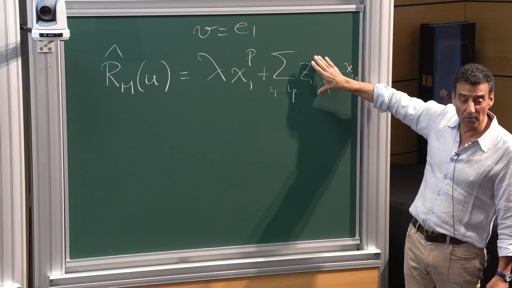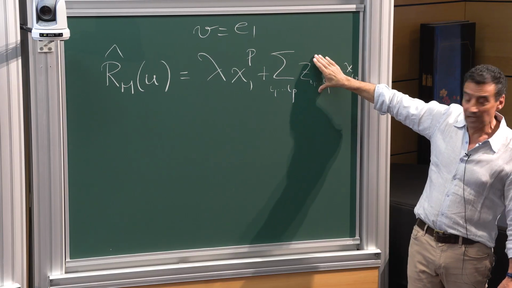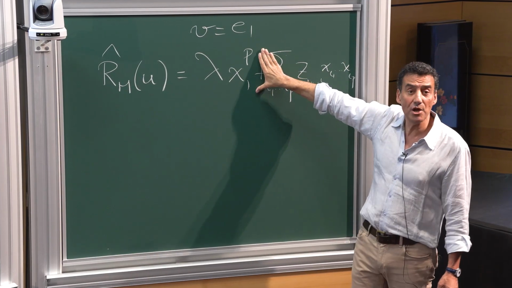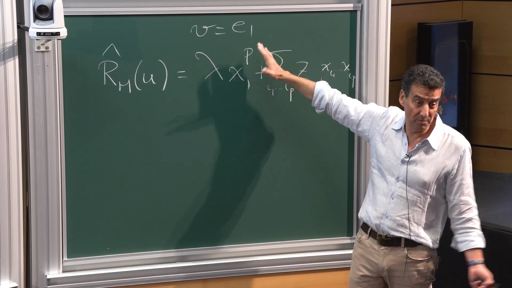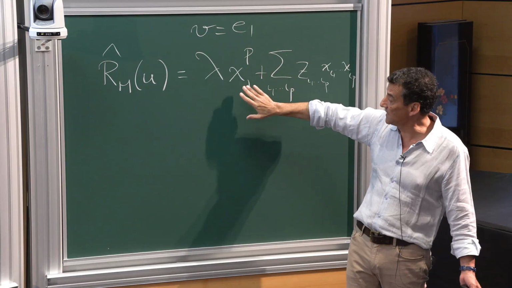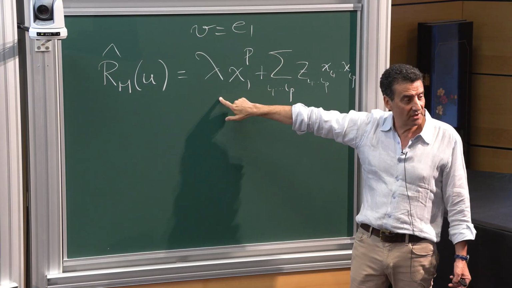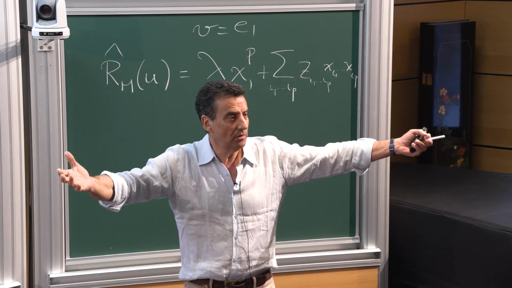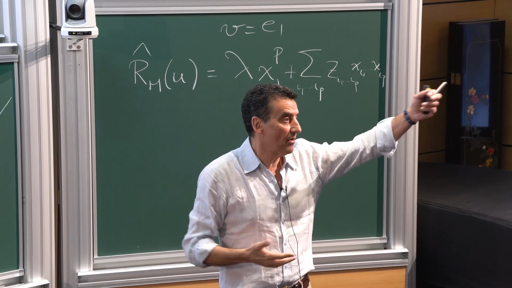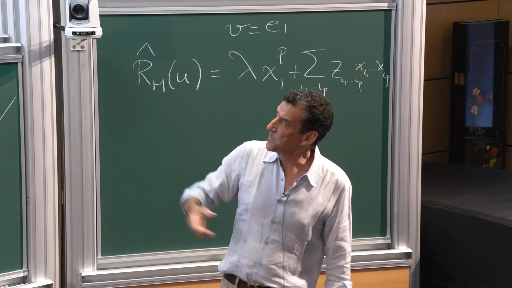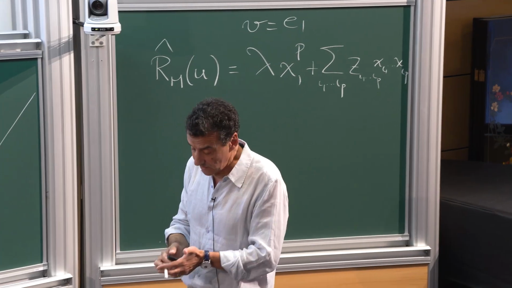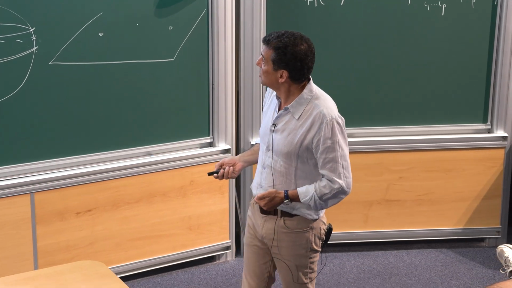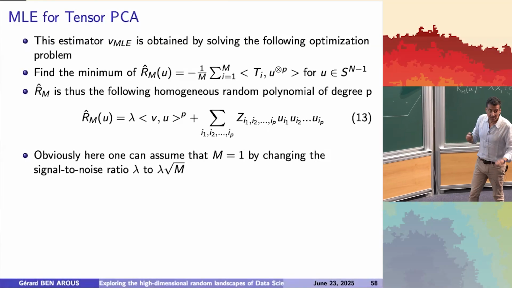So this is our old friend, the spin glass. And now you have a spin glass, but you added this very non-random polynomial, which is just x1 to the P, also homogeneous of degree P, with a signal in front of it. So you have a random polynomial and a non-random polynomial, one depending on many variables, the other depending on one. You add them, and now you're interested in the structure of the minimum and maybe the landscape of this thing.